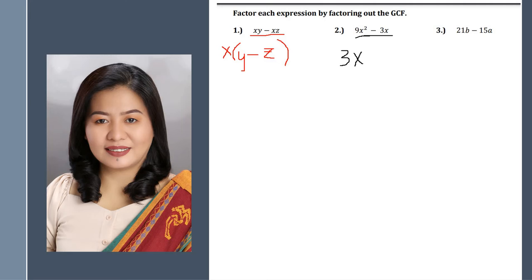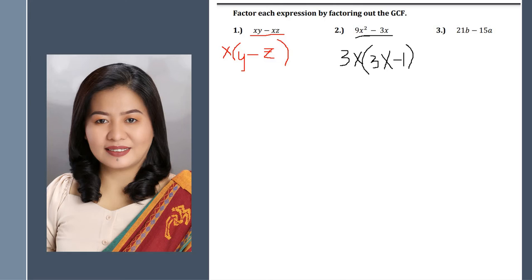So that will be x. And the other factor will be we divide each of the terms in the given with our common factor. So 9 divided by 3 is 3, and x squared divided by x is x, and minus 3x divided by 3x is 1. So we have the common factor 3x times 3x minus 1.